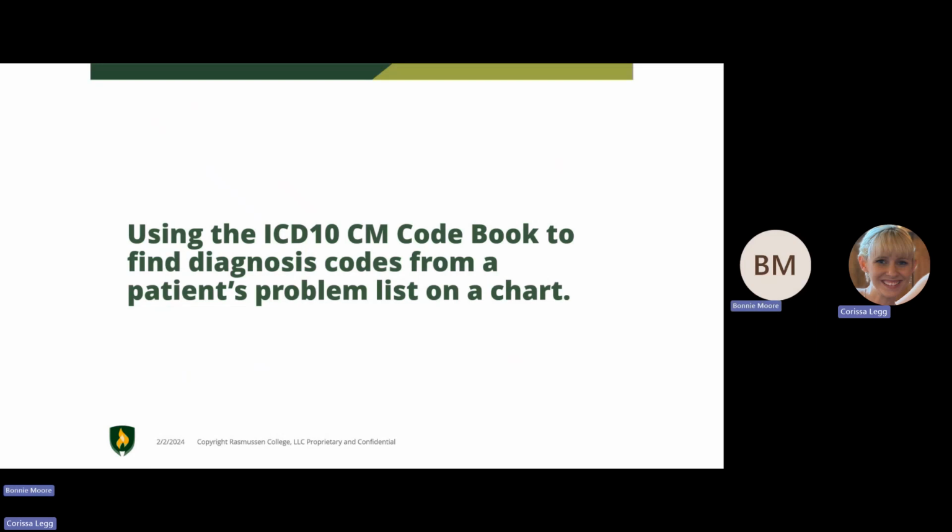So now, if your instructor hasn't done this already, we're going to practice a few ICD-10 CM codes, looking them up from the code book, because these are on a test that you're going to have. So this way you can know how to look them up, and we're going to find the codes. So if the instructor wants to pause this and hand out the books, please do that. And otherwise I will continue.